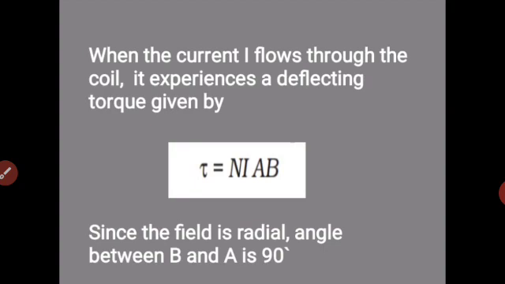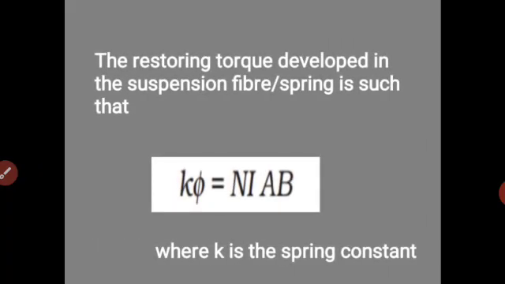Here N stands for the number of turns in the coil, I is the current flowing through the coil, A is the area of the coil, and B is the strength of the magnetic field. This deflecting torque will give rise to a restoring torque. The restoring torque developed in the suspension fiber or the spring is such that K phi equals NIAB.